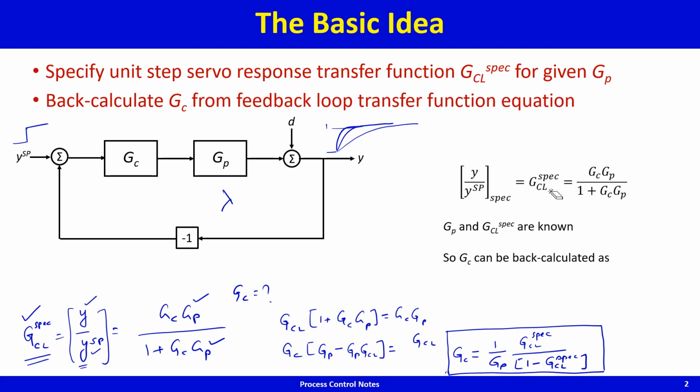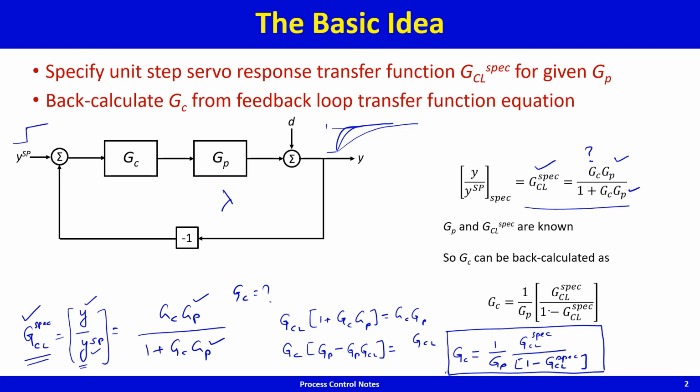We've used this closed loop transfer function equation in which GP and this are known to calculate GC, and so GC is back calculated as shown here. And now let's just apply this technique to some very simple transfer functions.